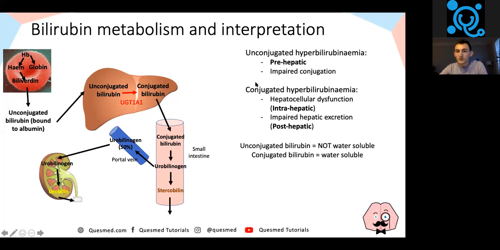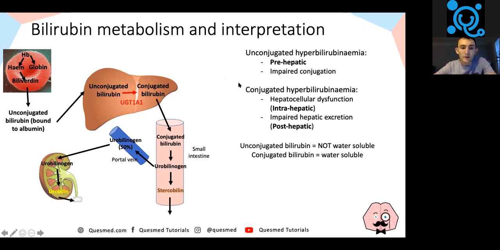The next one: in the case of increased unconjugated bilirubin or prehepatic jaundice, will it cause any changes in colour of stool or urine?